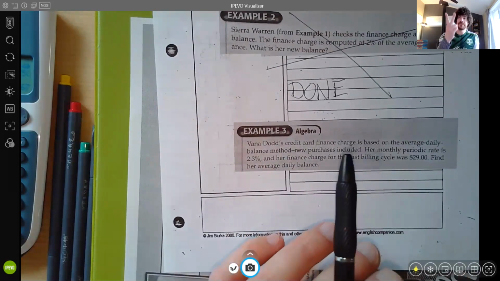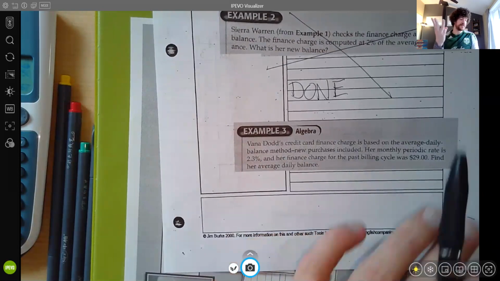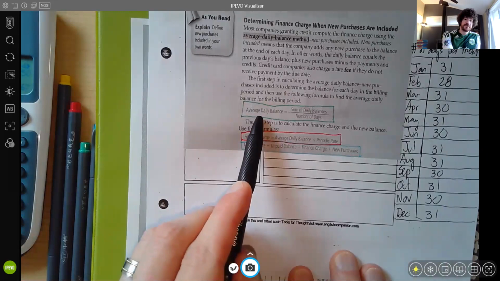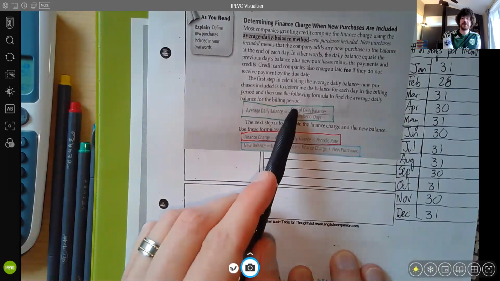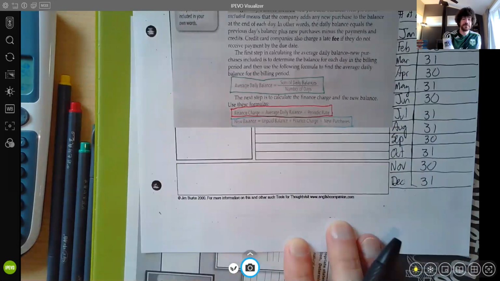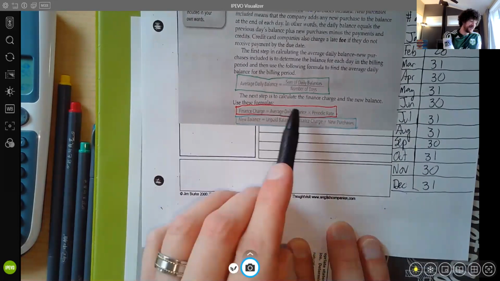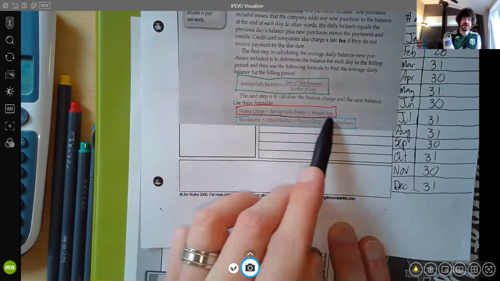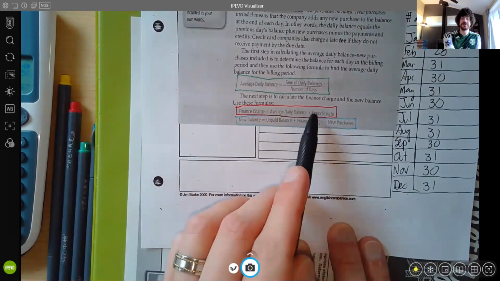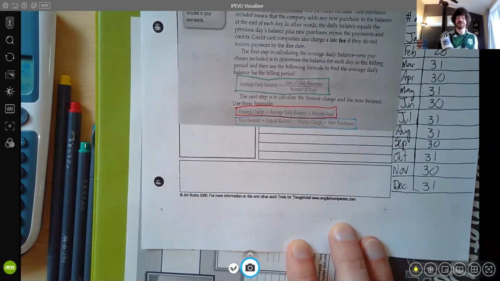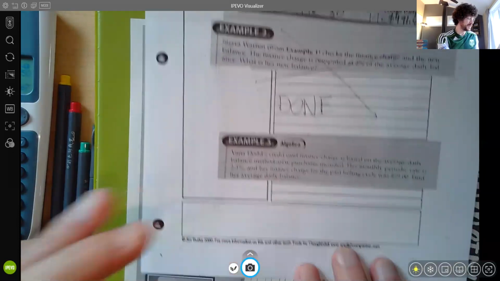So periodic rate, finance charge, daily balance. Average daily balance, I don't see periodic rate or finance charge in this formula. So probably not going to have to use that one. Finance charge, average daily balance, periodic rate. So we're using this equation here because those are the three things mentioned in the problem. So this is the formula that we're using. We're using the finance charge formula on this one.